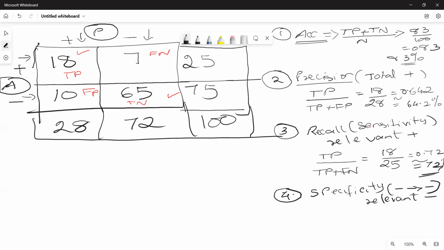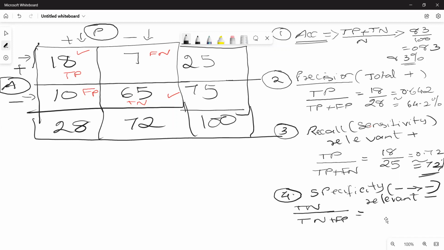And that is given by true negative divided by true negative plus false positives. So how much is that?